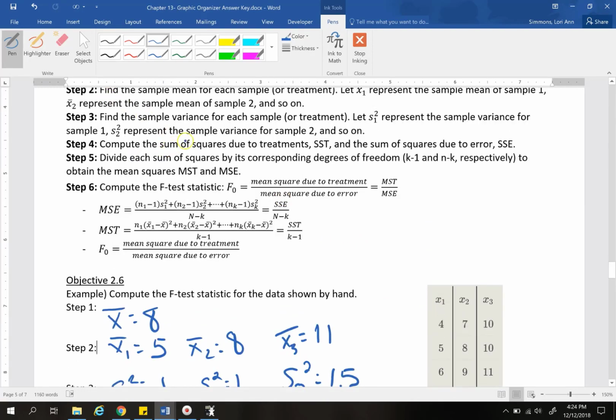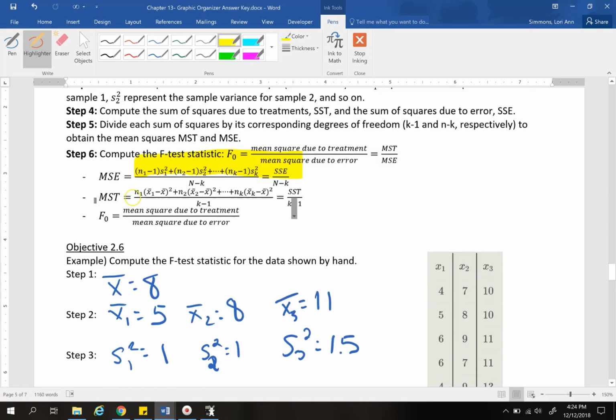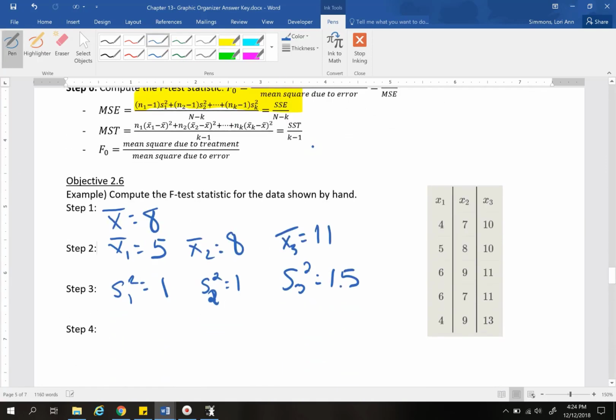Step 4, compute the sum of squares due to treatment, SST, and the sum of squares due to error, SSE. So here you can see SSE is the top portion of this fraction. So what you're going to do is plug in your values. What's the sample size of your first sample?